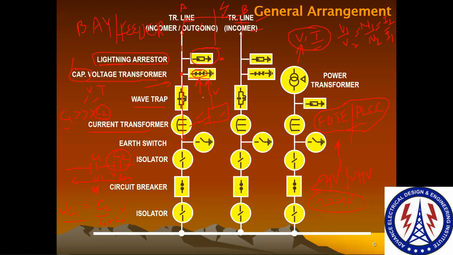So the voltage across one capacitor will be very high, and across the other capacitor very low. On the capacitor with the very low voltage, we put the voltage transformer primary connection.